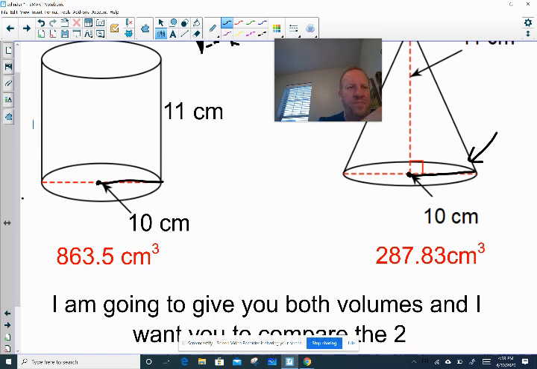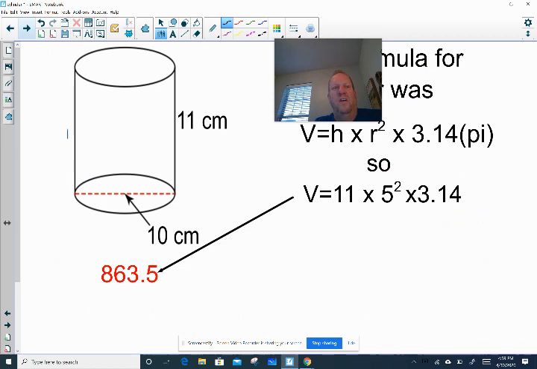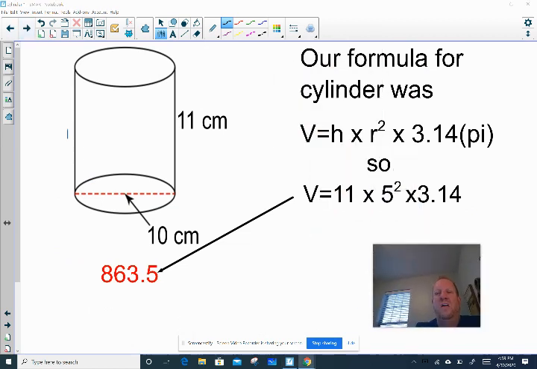Here we go. So let's look. In my cylinder, remember our formula is height times the radius squared times 3.14 or pi. So in other words, this cylinder's volume is 11 times 5 squared times 3.14, which gives me the volume of 863.5.